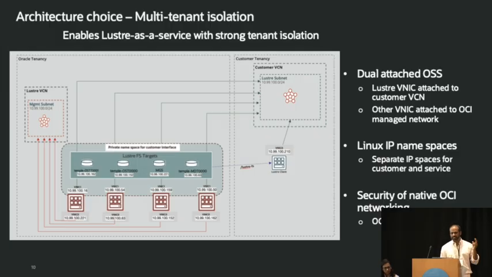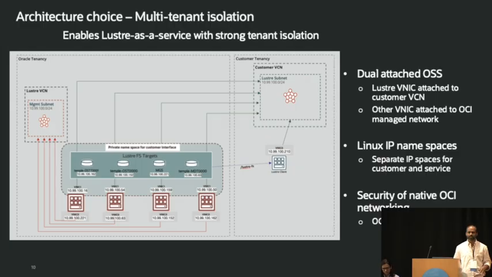One is that we do cross VNIC attachments from one tenancy to another tenancy where the customer is running, so that the customer can reach the file system. The other one is that we use Linux network namespaces. We put all those OST IP addresses in the Linux network namespace, and the main advantage is that customers can have their own IP space.